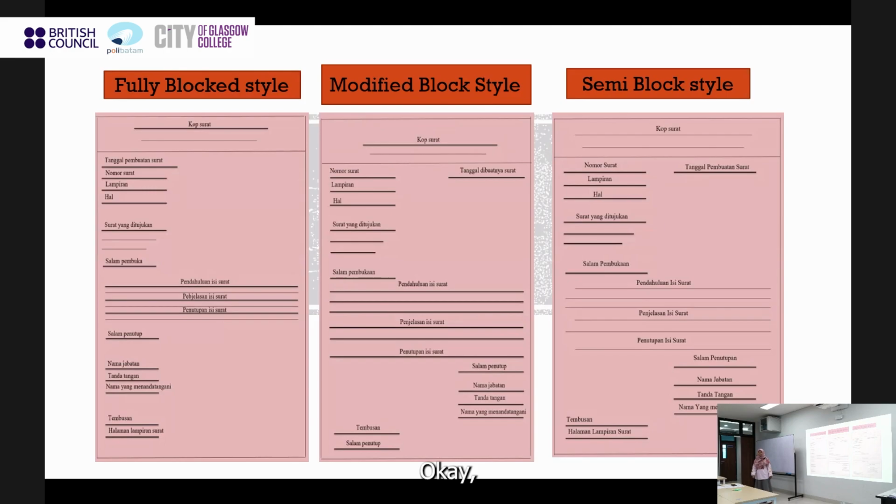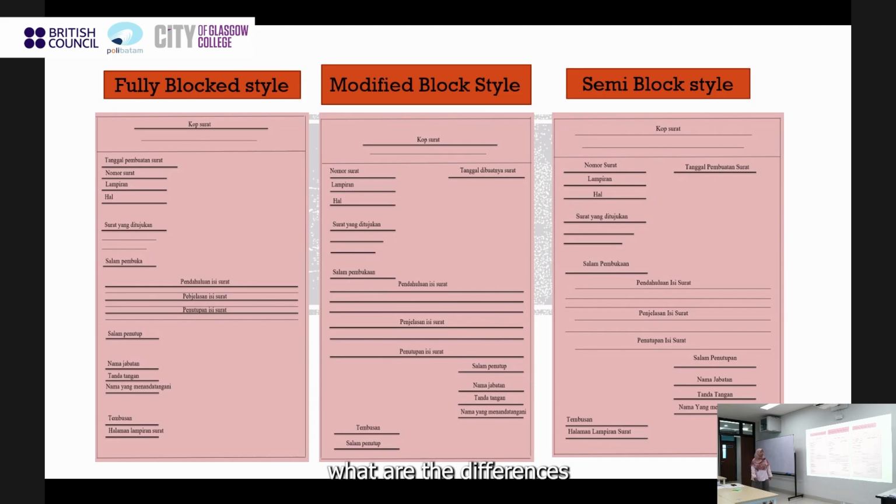I will show you three kinds of layout in business letters. Maybe some of you have seen the layout of these letters, right? Bu Mimi, could you tell what the differences are between these three layouts?